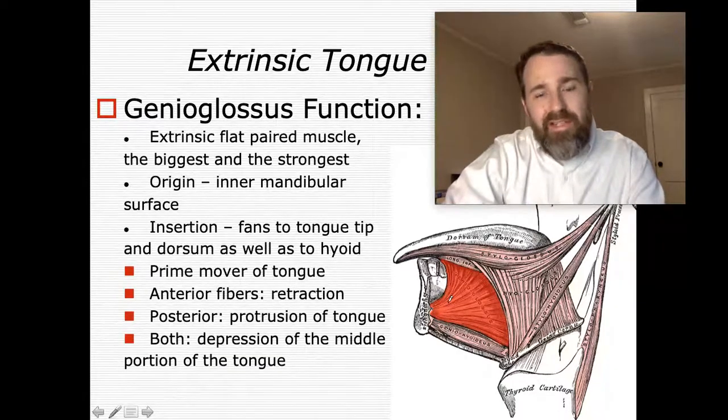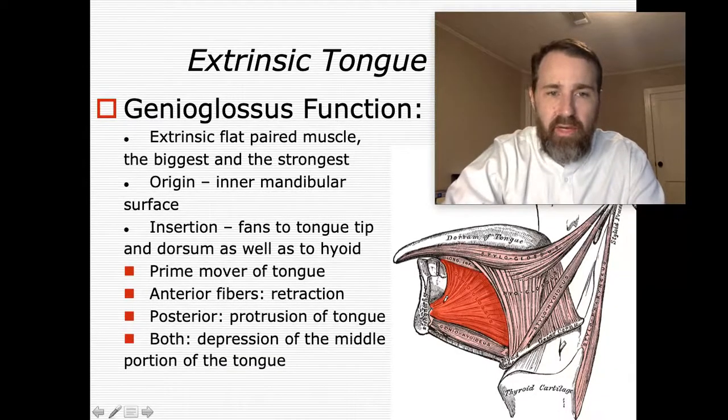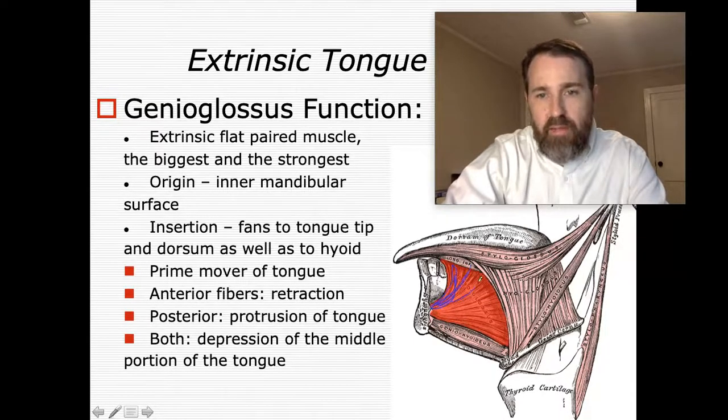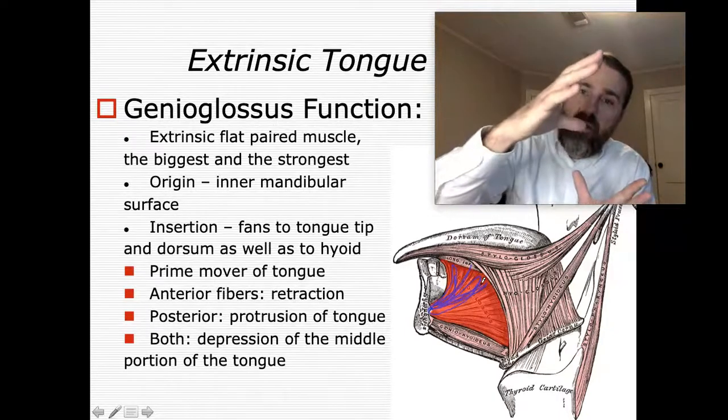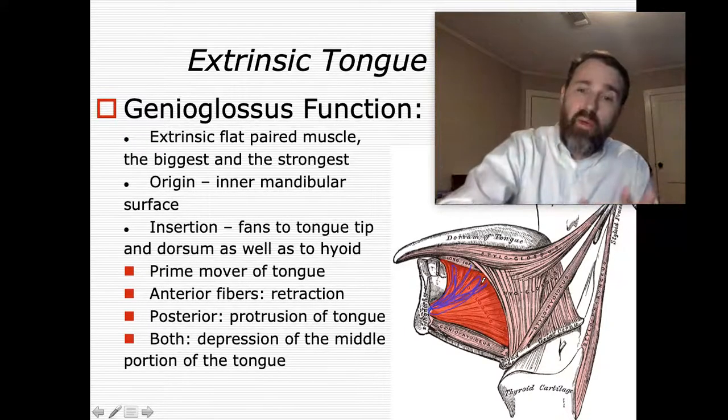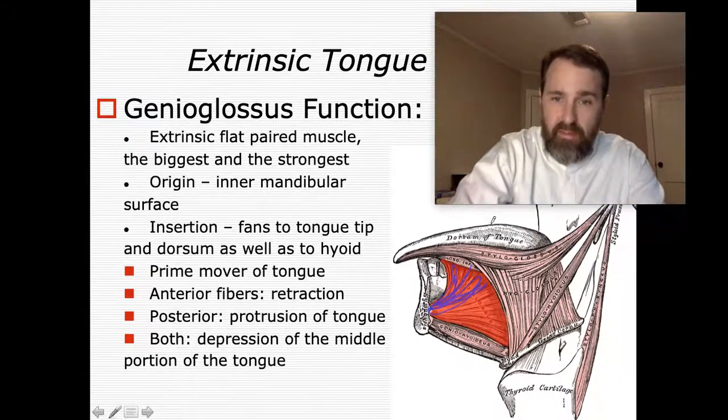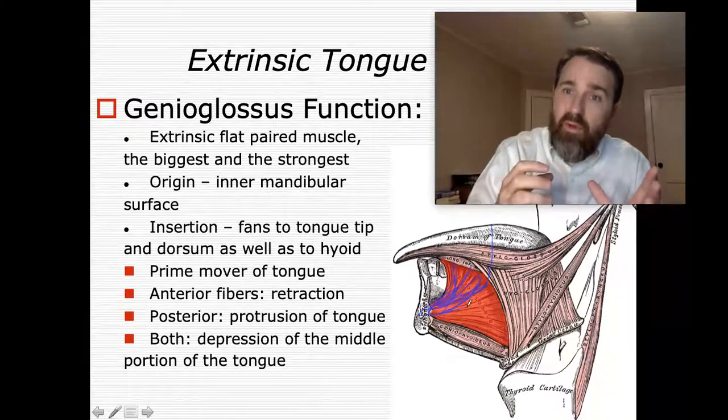So let's start by looking at the anterior fibers, so those that are most in the front. If we look at these fibers of the genioglossus right here, you can see that when those retract, they are going to pull the tongue down into the floor of the oral cavity.